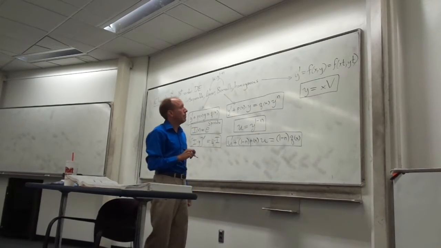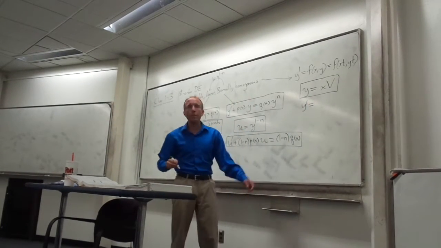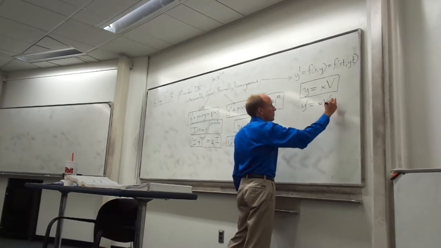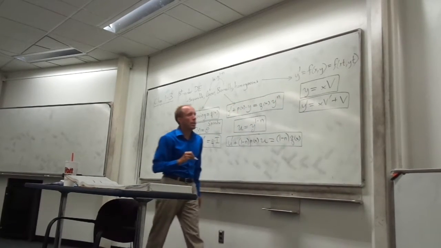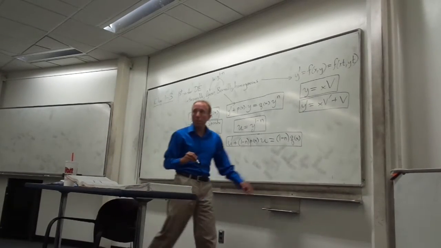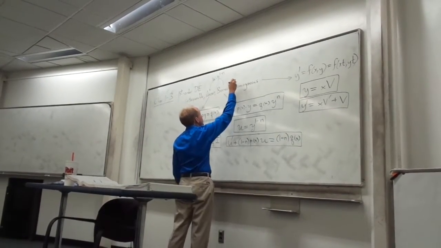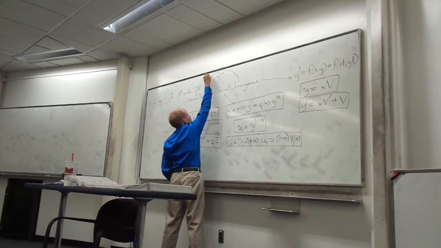Okay? And so then, of course, you're also going to need to know what y prime is, and you can just use the product rule to write down what y prime is. It'll be x times v prime plus v. So these two formulas basically govern the homogeneous differential equations. And after you apply that change of variables, the differential equation that you end up with is always separable.